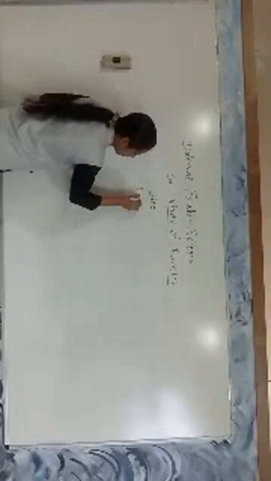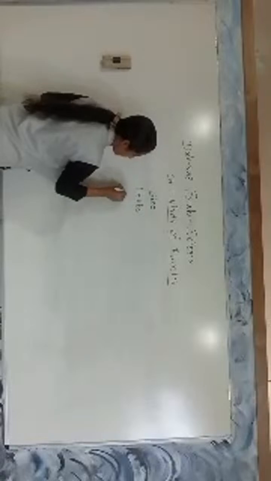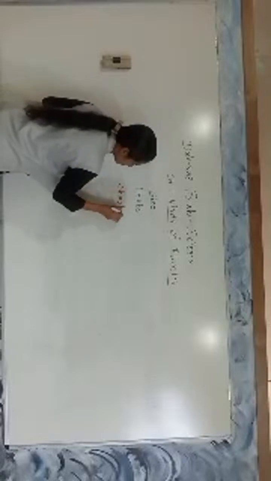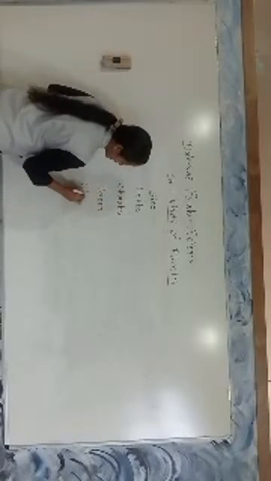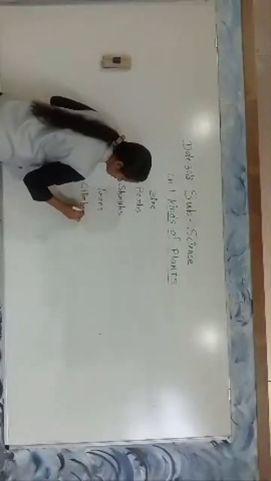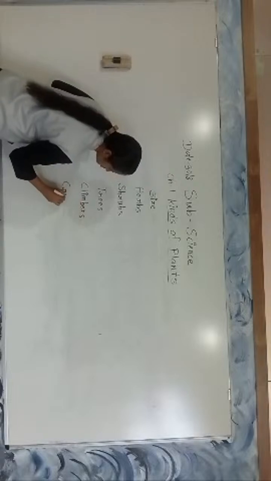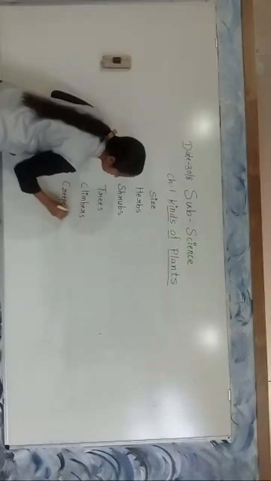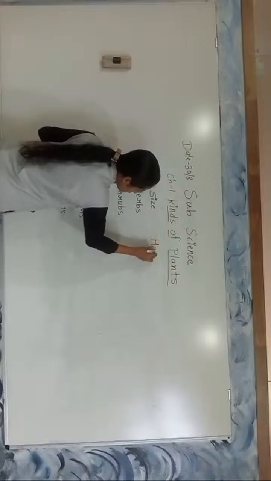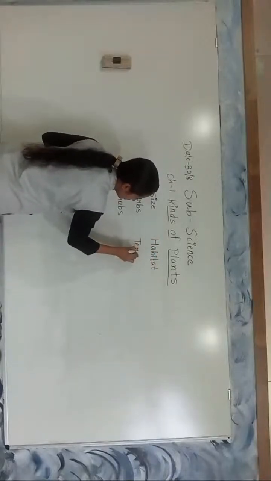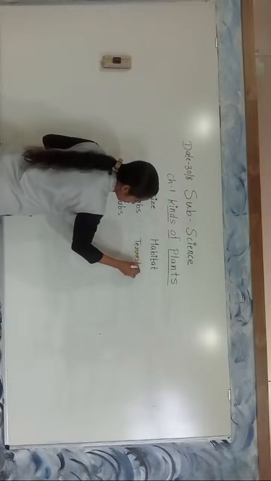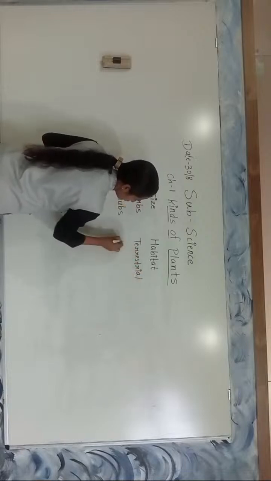According to their size: herbs, shrubs, trees, climbers, and creepers. According to their habitat: terrestrial and aquatic.